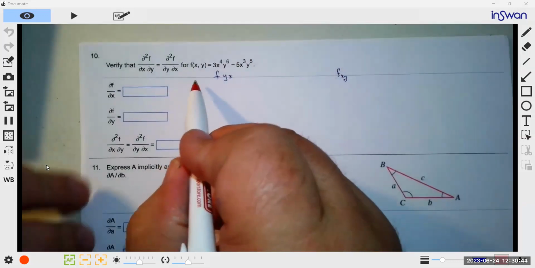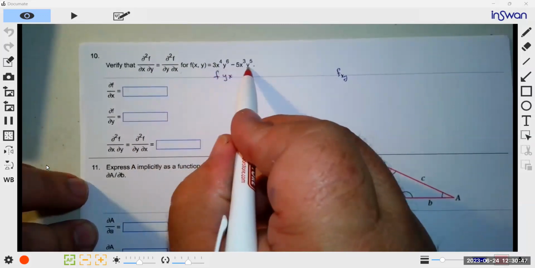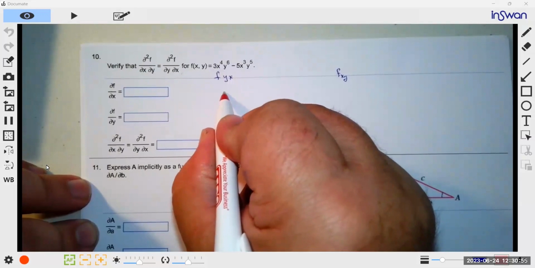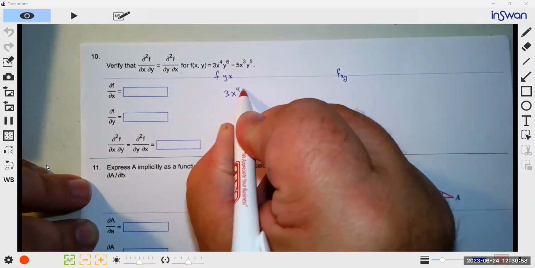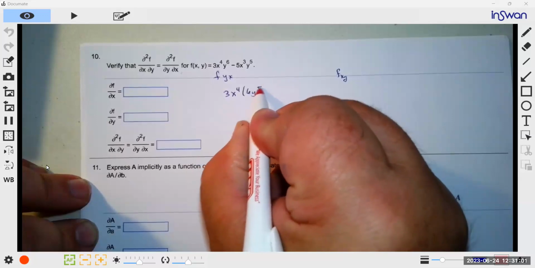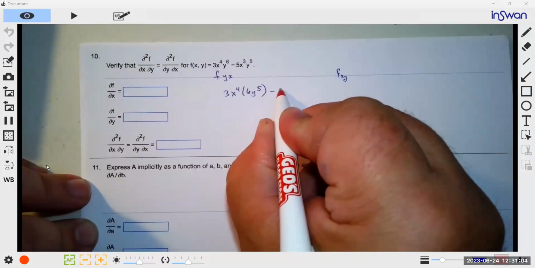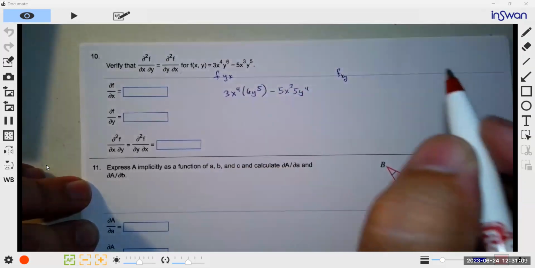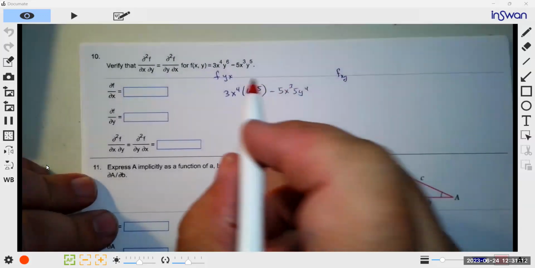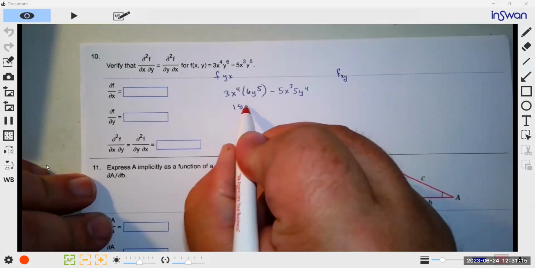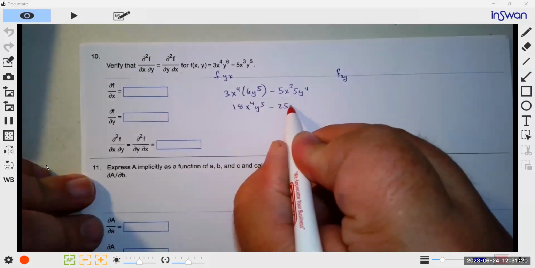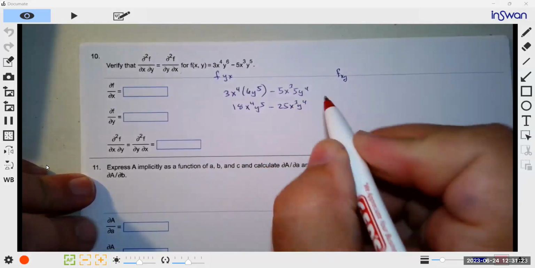So the first one, let's take this derivative with respect to y. So we have 3x to the fourth times 6y to the fifth minus 5x to the third times 5y to the fourth. That makes it 18x to the fourth y to the fifth minus 25x to the third y to the fourth.